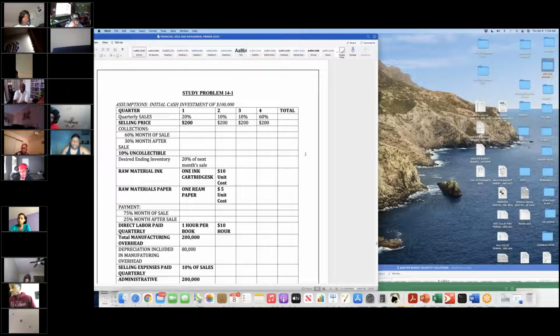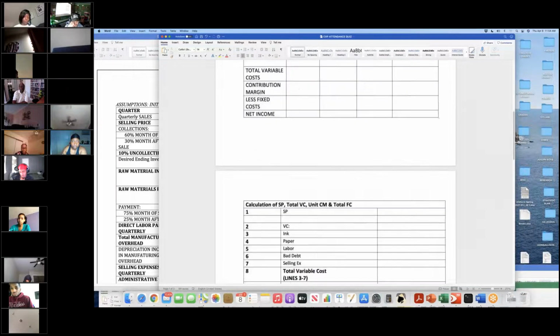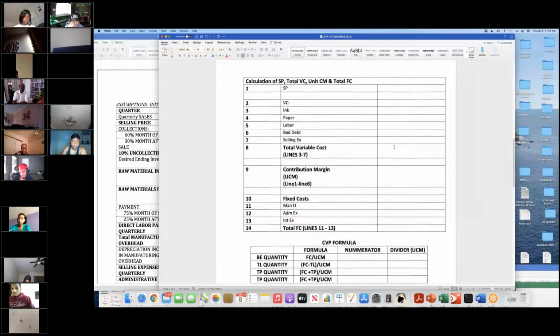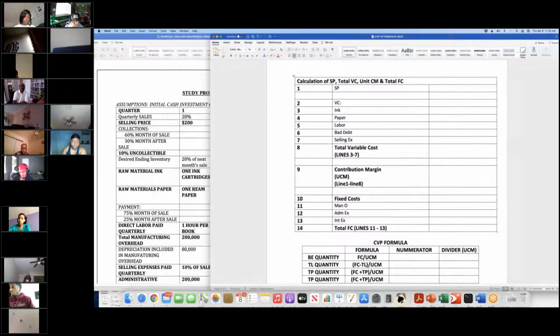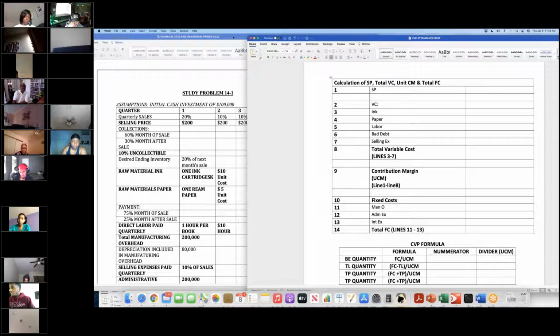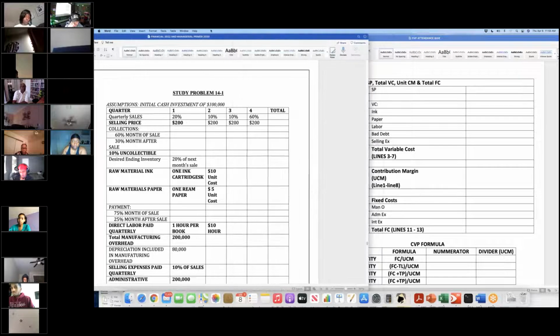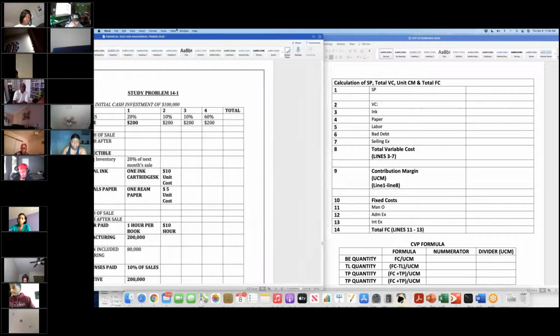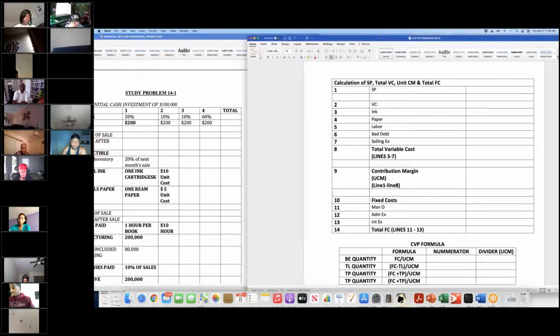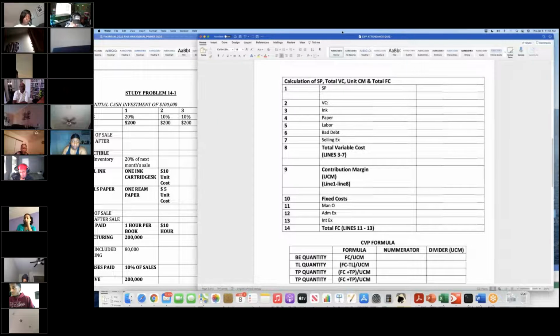So let's see if we can come up with something to lay these costs out, and just coming up with a structure to put these in.